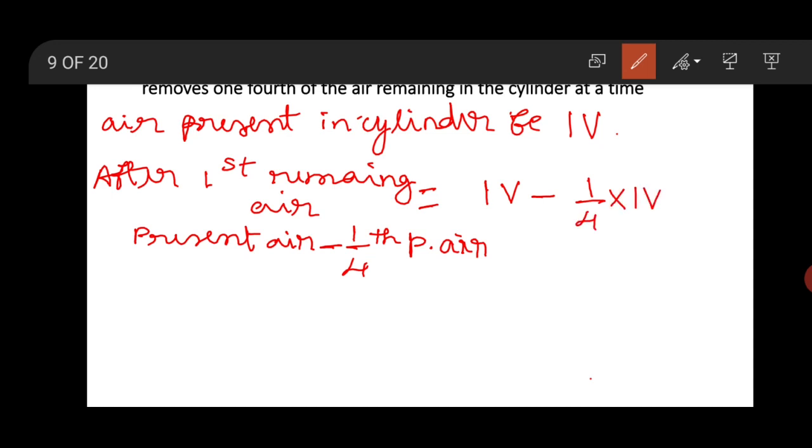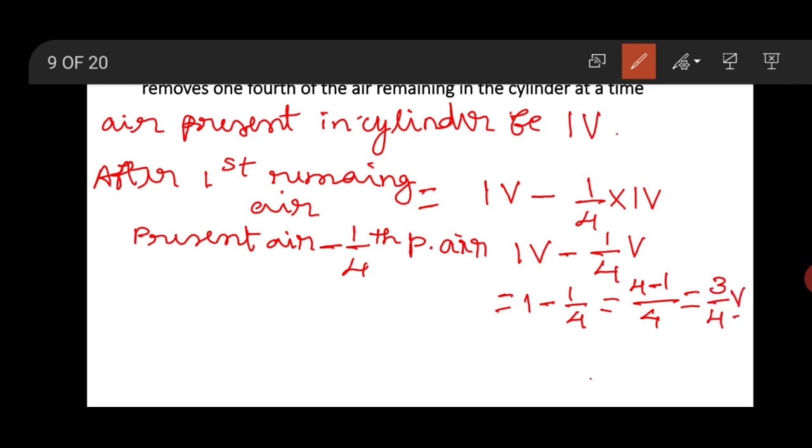That is 1 volume minus 1 by 4 volume. Take the LCM 4: 4 minus 1 is equal to 3 by 4. So after the first pumping, remaining air is equal to 3 by 4 volume.